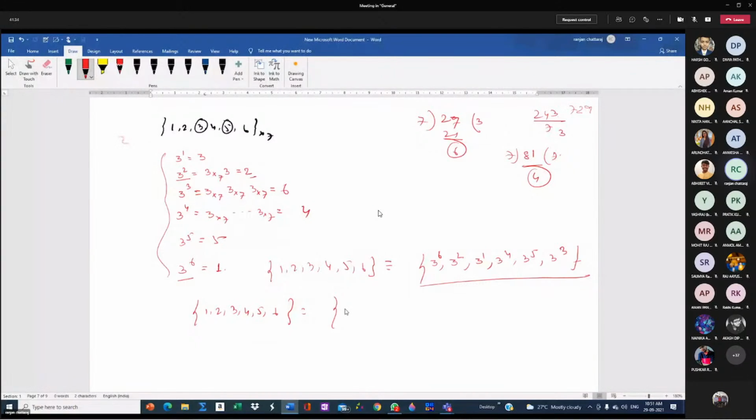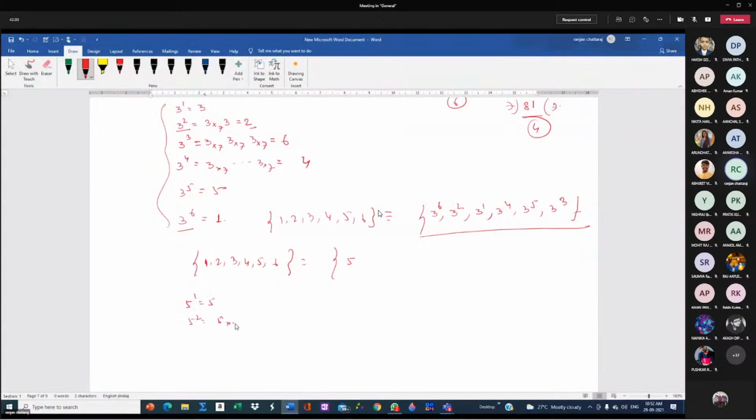Not 5 to the 0; it should be an element of this set. 5 to the power 1 is 5, because the modulus is 7. 5 square is 25 modulo 7, which is 4. So 4 is denoted by 5 to the power 2.